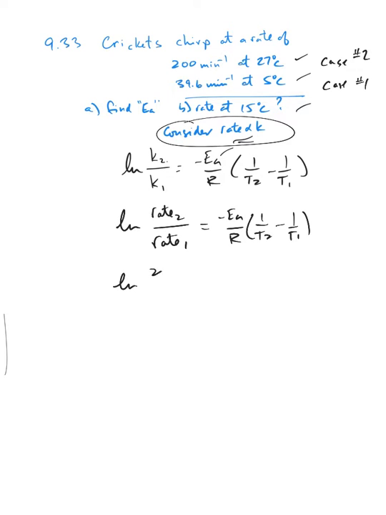So I have natural log of 200 over 39.6, and I'm going to use the right-hand side to solve for EA. Always remember that we use the R that has joules in it if we're doing a problem that has energy in it. So my temperature 2 is going to be 27 plus, so I get 300.15.